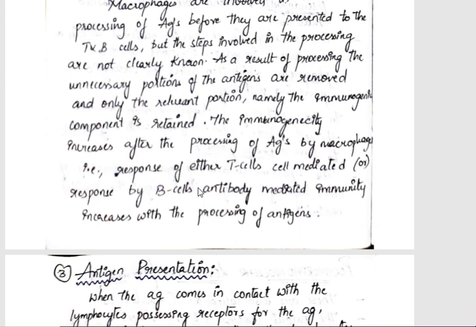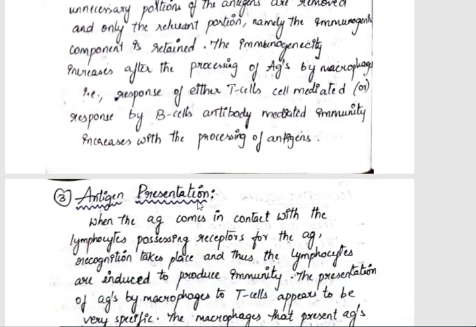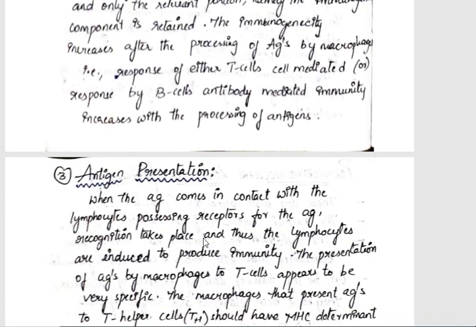First it is processed, and after the processing, that means they are increasing the immunogenicity of an antigen, and then it is presented to the T cells, where these T cells combine with them, leading to the removal of the antigen from the body and making us immunized. So this is the second step.